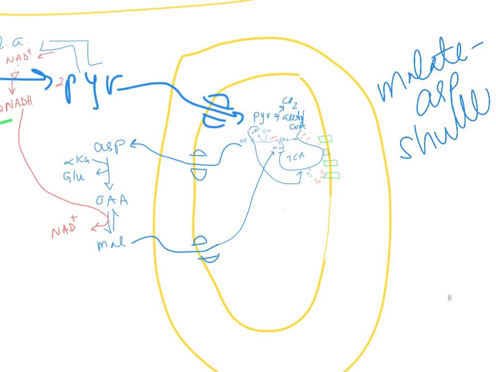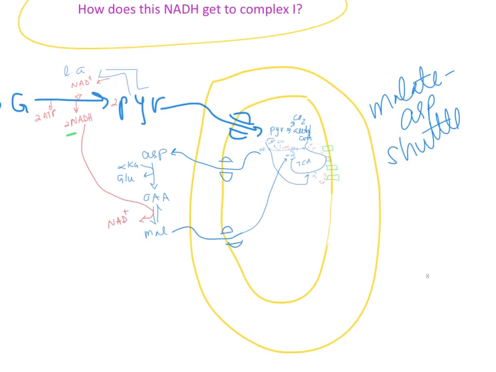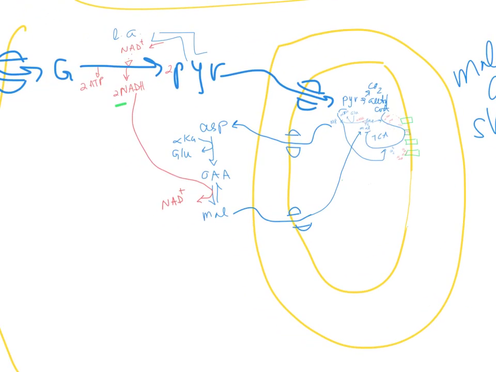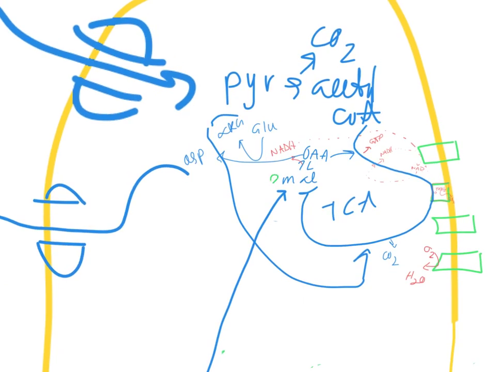Because OAA or oxaloacetate never crosses the membrane. And what you'll also notice is that this NADH also never crosses the membrane. It's not piggybacked onto anything at all. It's just the electrons from here are moved to this malate, and once the malate gets back into the matrix, those electrons are moved onto an NAD+.